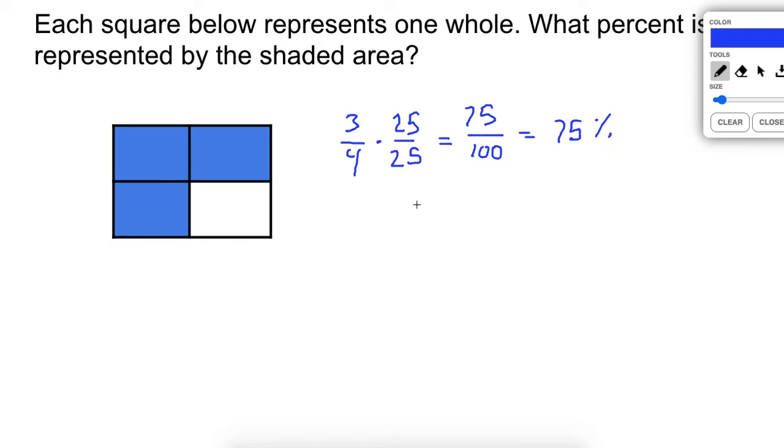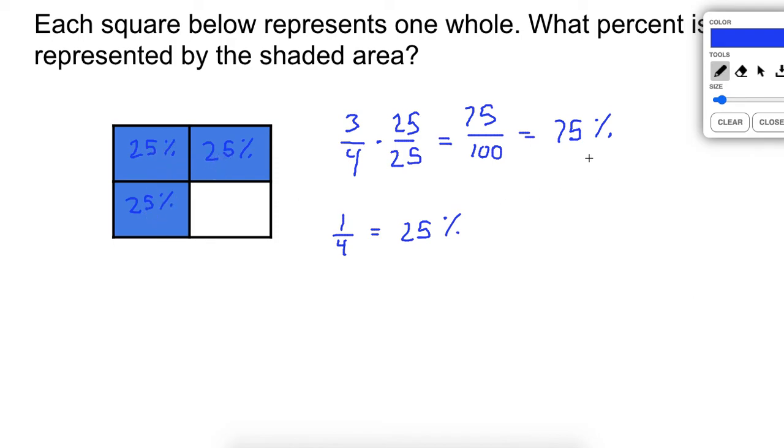And this is one you should probably start to understand. Each one of these is 25%. That's a connection you should make, that 1/4 is equal to 25%. If you start making that connection, that's going to make it easier to do some of these problems, because then you can just add those up like we did. So 25%, 25%, 25%.